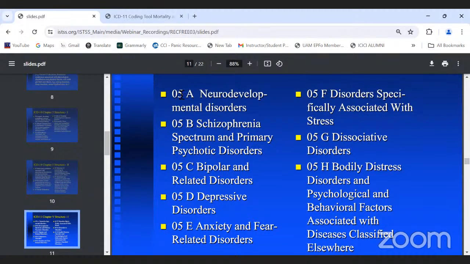Under chapter 6, it is 6 and then A. A would be from A00, like that. A is neurodevelopmental disorders. Then second comes schizophrenia. Like that they have changed.